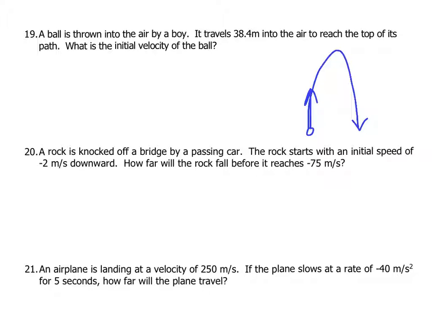So you should know by now a couple things. You should know that the acceleration of gravity is constant. And when the ball's at the highest point, its velocity is 0. So I know the acceleration of gravity is -9.8. I know the initial velocity is what I'm trying to solve for.